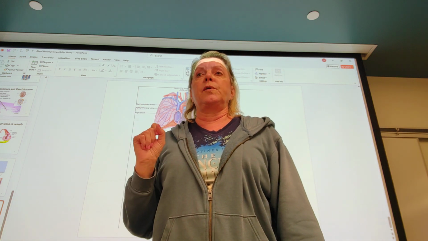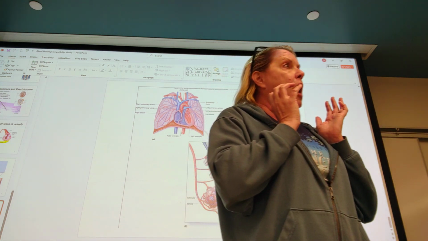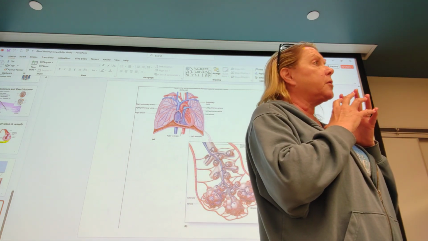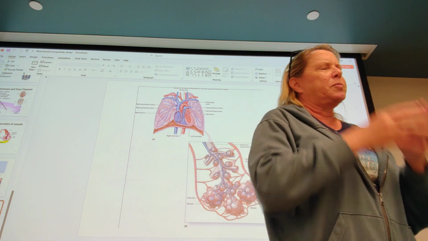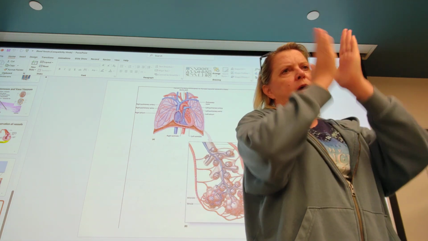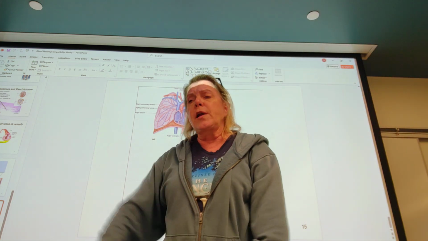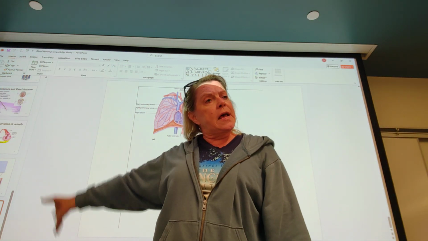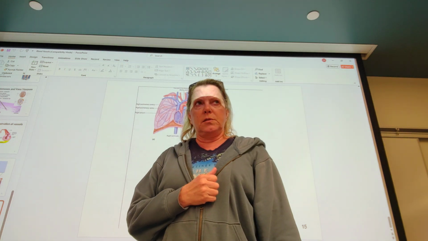That's your driving force. 140 to 0. That's a driving force of 140 millimeters of mercury, of driving force. Pressure force. Blood only flows from high pressure to low. That means from one chamber to the next in the heart, one vessel to the next in your vascular circuit. Good?